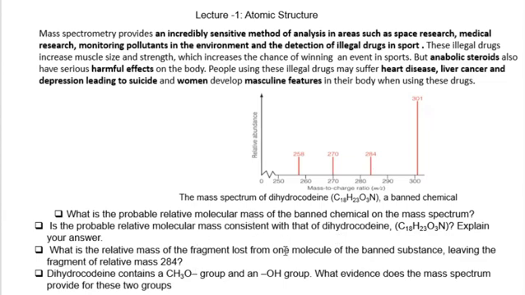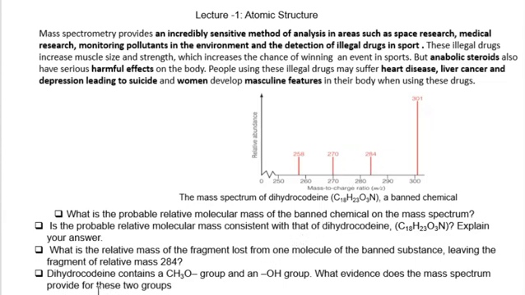If we subtract 17 from 301, we get 284. What is the value of 17 then? If we take the hydroxyl group, the relative atomic mass of oxygen is 16 and hydrogen is 1, so the hydroxyl group has a relative mass of 17. So 301 minus 17 gives us 284. So the lost fragment is a hydroxyl group.